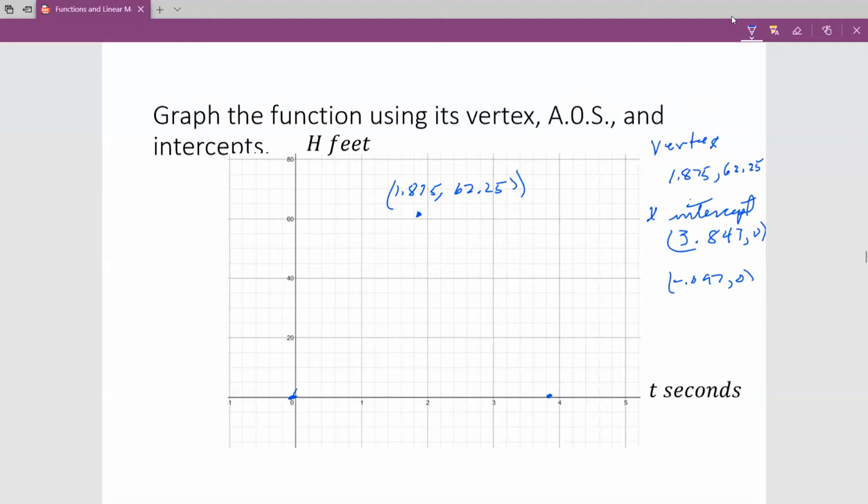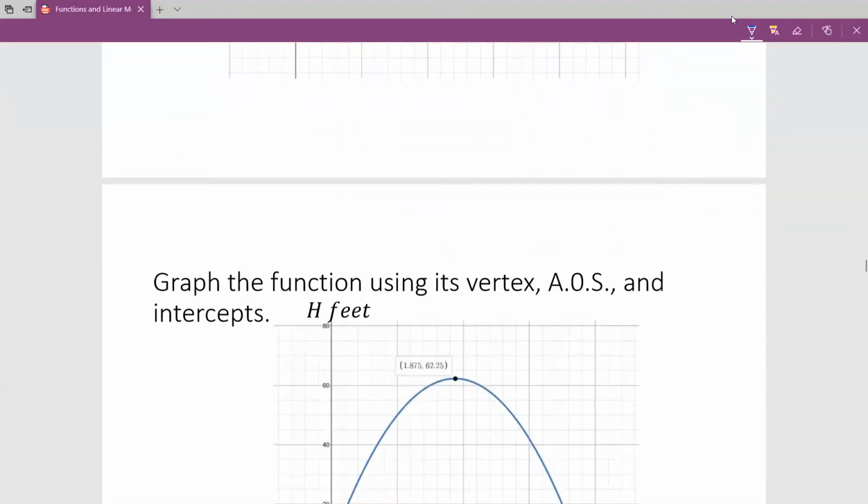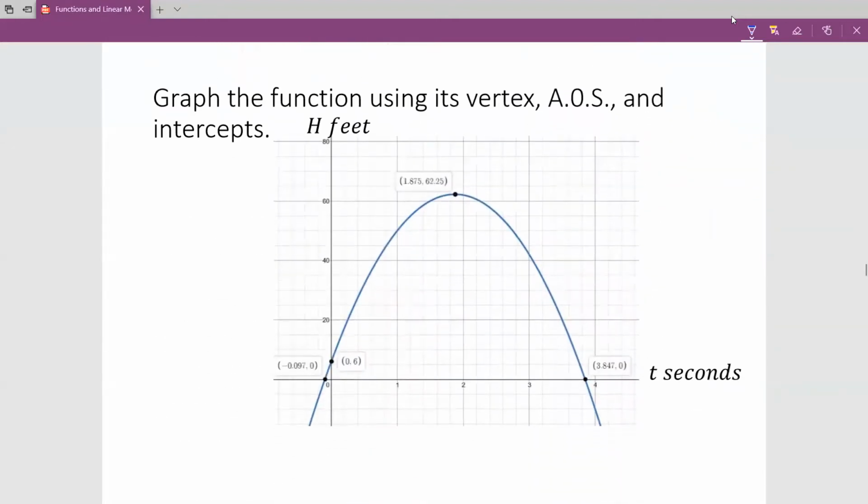And so the trajectory looks like this. I'm not a great drawer, but this is what the trajectory looks like. And if you put it in an app that can calculate on the web, you get a nice graph like this.